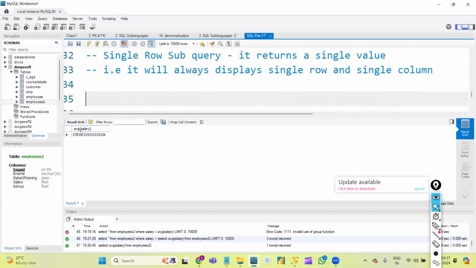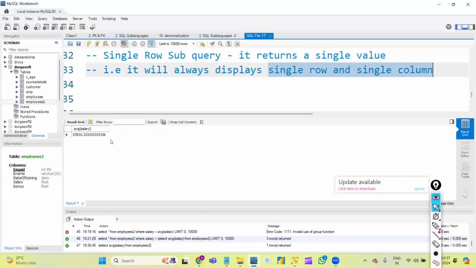Whenever we execute any subquery, if it returns a single value, that means if the output is a single value, it is called a single row subquery. As I already said, it will always display a single row and single column.